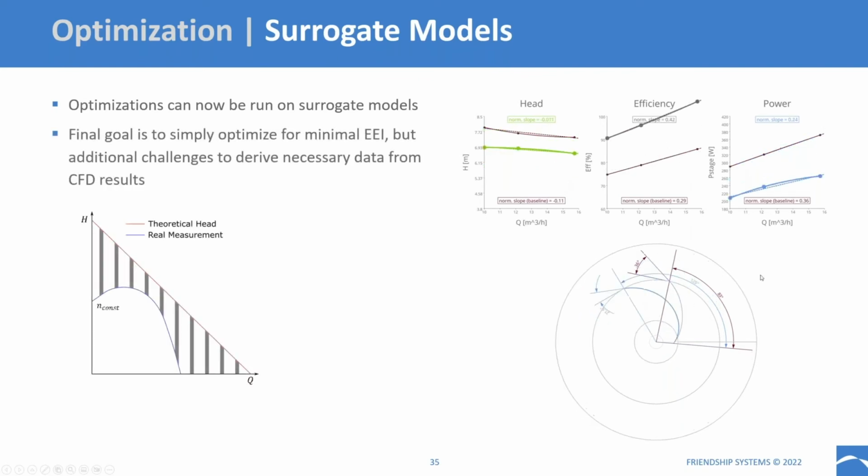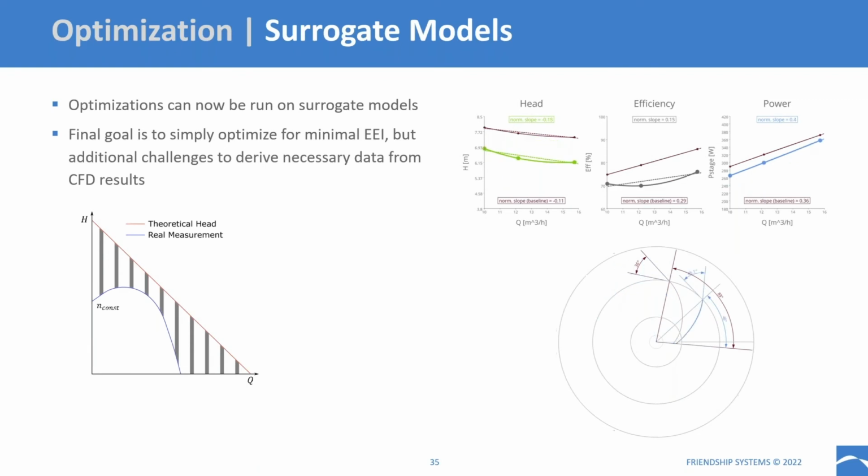So, coming back a little bit to what Tony introduced at the beginning, our final goal is of course to be able to simply optimize the impeller for a minimal energy efficiency index. But as Tony has explained, there are additional challenges to derive the necessary data to compute this energy efficiency index from the pure CFD results we have, right?